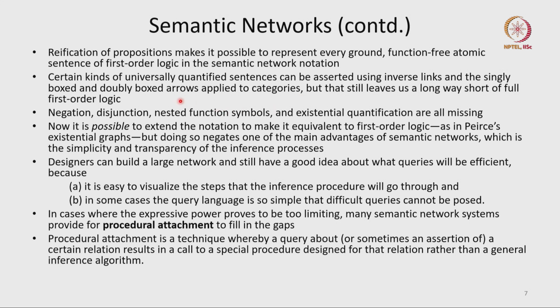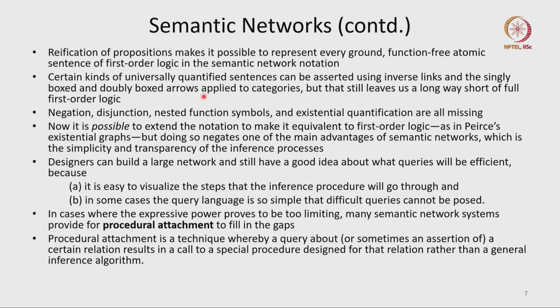Some of the things which are missing as compared to predicate logic are negation, disjunction, nested function symbols and existential quantifiers. So, maybe it is not able to take care of some things, but it is a very simple representation of what you have.